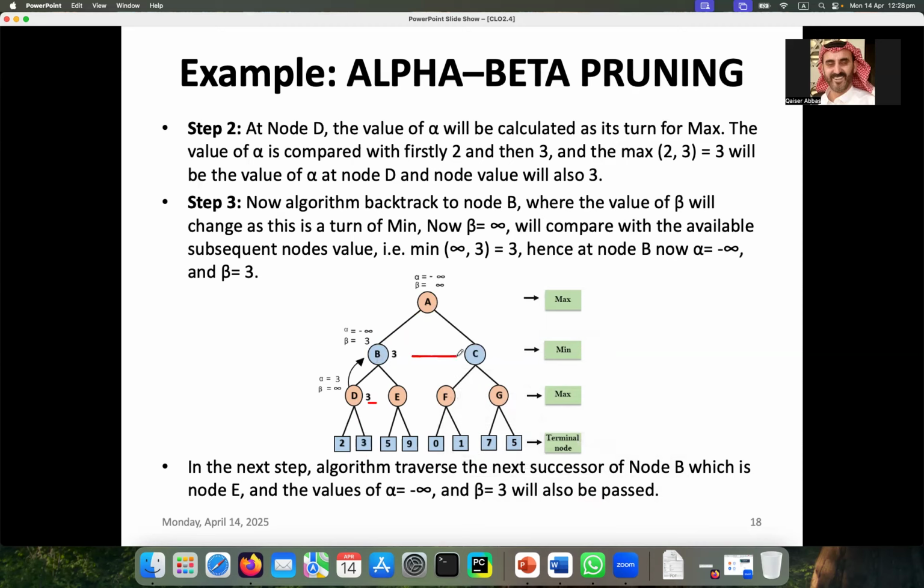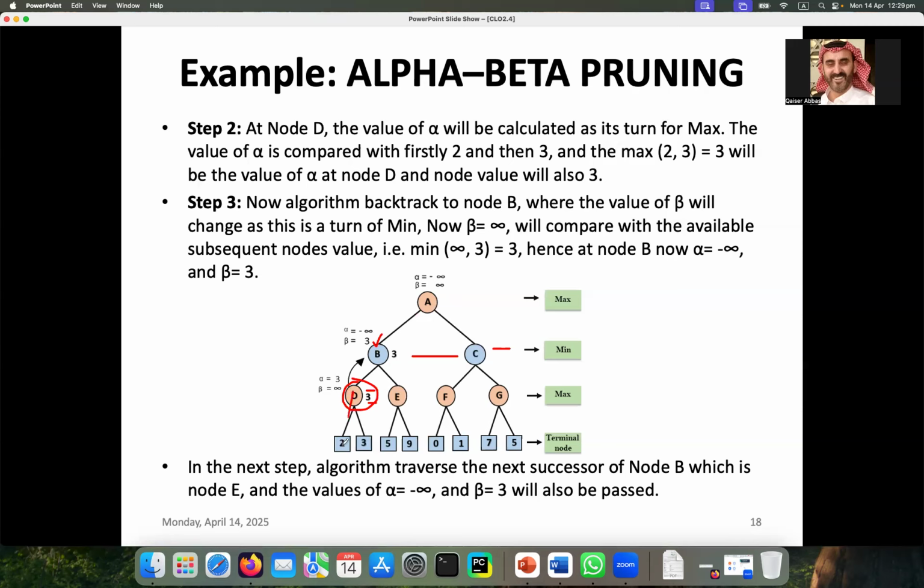And now this is the value for the min. So from here, min can get only the value 3. From this node, this is the level for the min. We have to think for this B. From this node, B can only get the value 3, which is the value of the alpha. But we have only one node, so that's why it goes up.